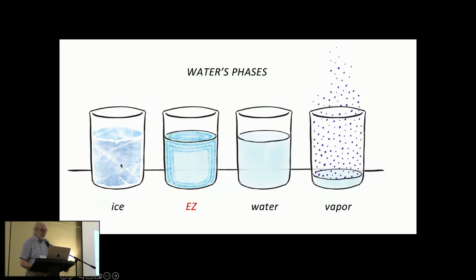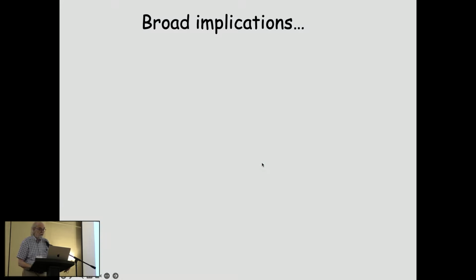Ice is also hexagonal, and it turns out, from experiments which I have no time to present to you, that if you want to freeze water, you can't go directly from water to ice, you must go through the EZ phase, which then goes to ice. And if you want to melt the ice, you can't go directly from ice to water. You go from ice to EZ and then to water. So that's why I put the EZ here between ice and water. But essentially, there are 4 phases, not 3 phases.